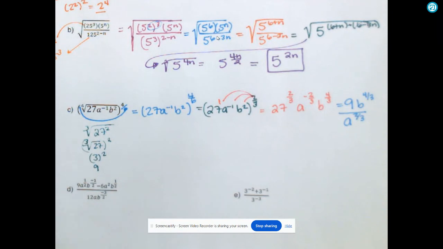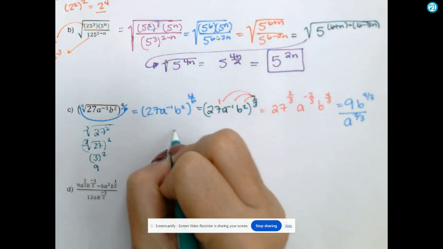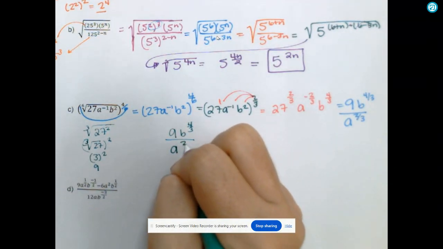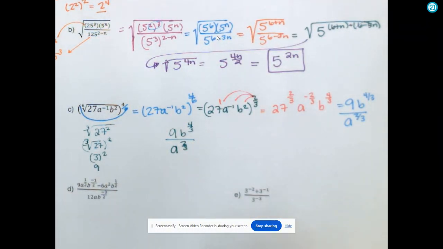All right, so now the only thing is we cannot have a fractional exponent in our denominator, so we do need to rationalize this out. So I'm going to write this down here again so you can see it. I need to turn 2/3 into a whole. I need to add what to 2/3 to give me a whole, and that's going to be 1/3.